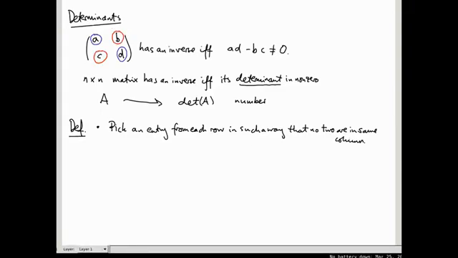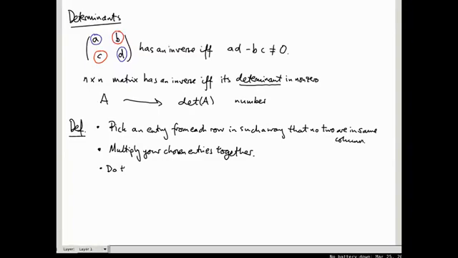So there are a number of different choices you could make here, and we're going to make all possible choices, but sort of one at a time. So pick one entry from each row in such a way that no two are in the same column, and multiply all your chosen entries together. Now do the same for every other choice that you could have made.